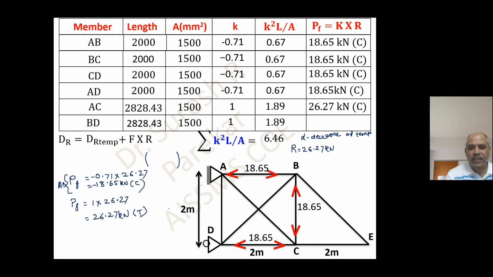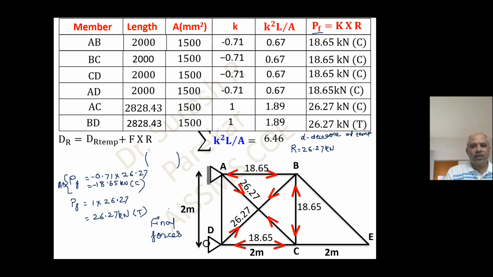So AC is 26.27 kilonewton and BD is also 26.27 kilonewton. This diagram gives the final forces because we do not have any P forces. So whatever K into R we get is nothing but PF, that is the final forces.